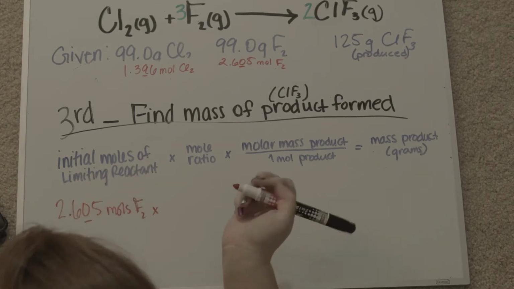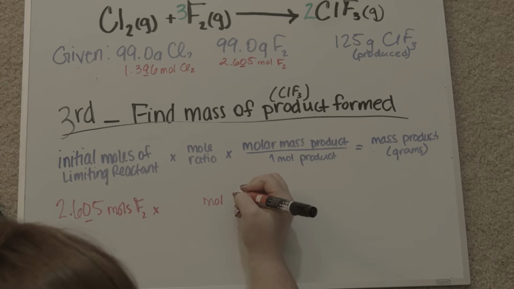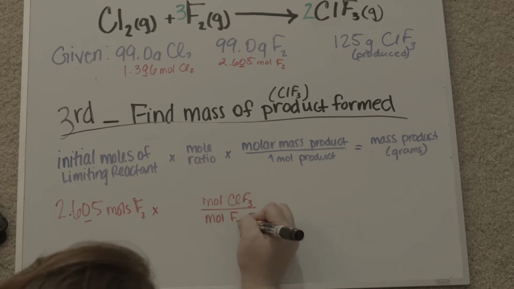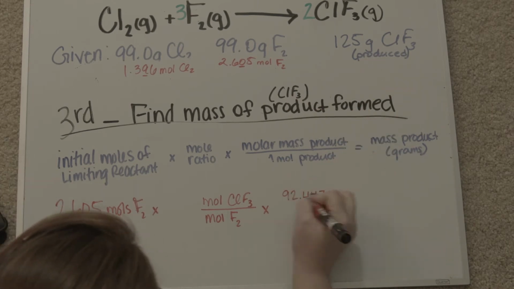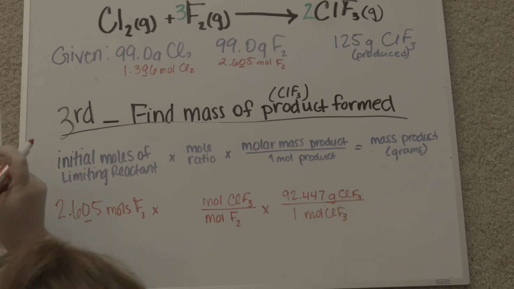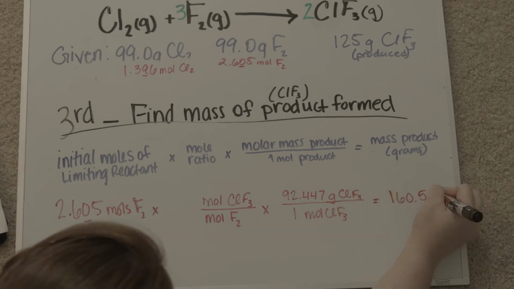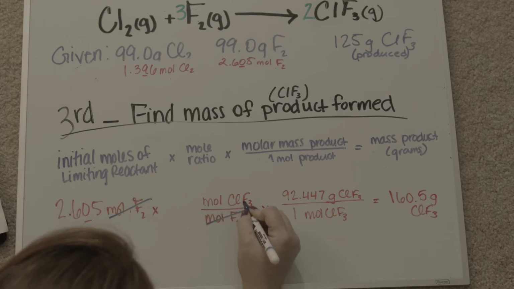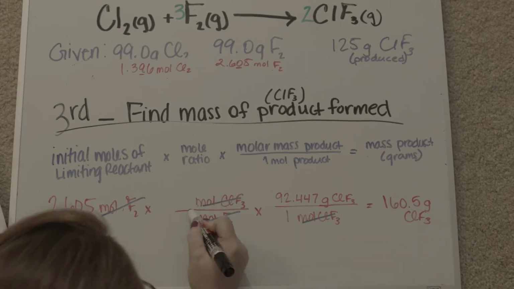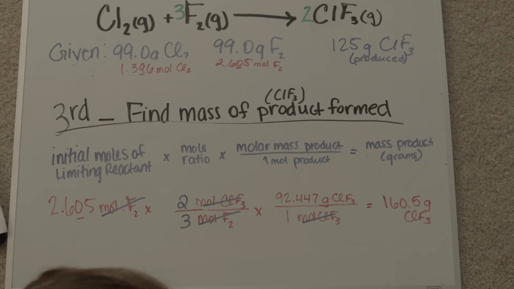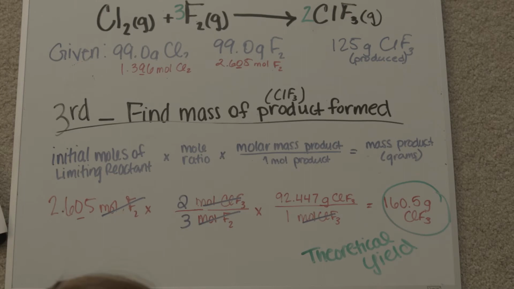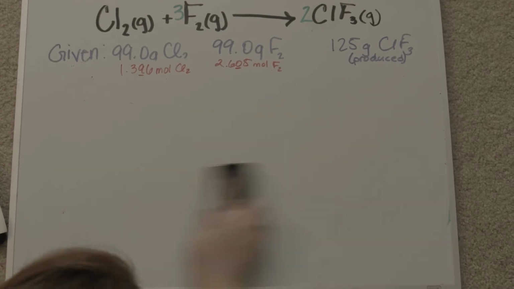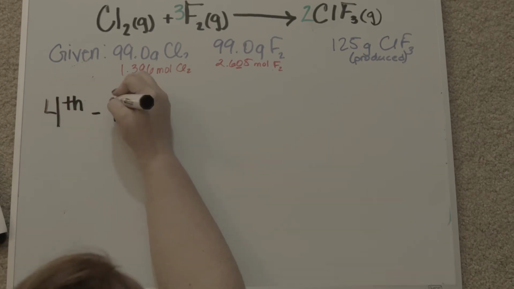So you have 2.605 moles of fluorine times moles of chlorine trifluoride over moles of fluorine, and then you have 99.447 grams of chlorine trifluoride per mole equals 160.5 grams, and I forgot to put the 2 over 3 here, but yeah, so we did 2.605 times 2 divided by 3 times 92.447 to get 160.5 grams of chlorine trifluoride. Remember sig figs, and that is your theoretical yield.